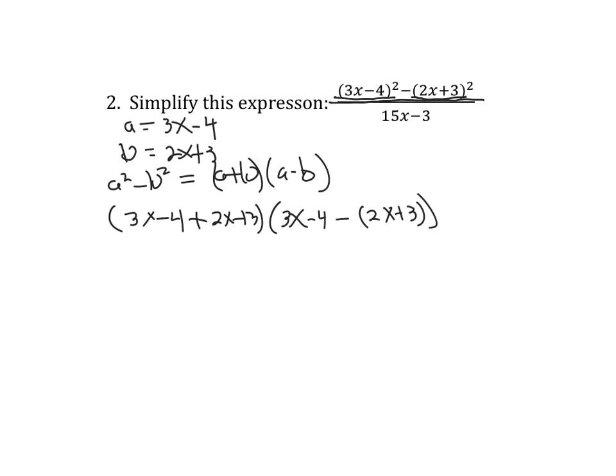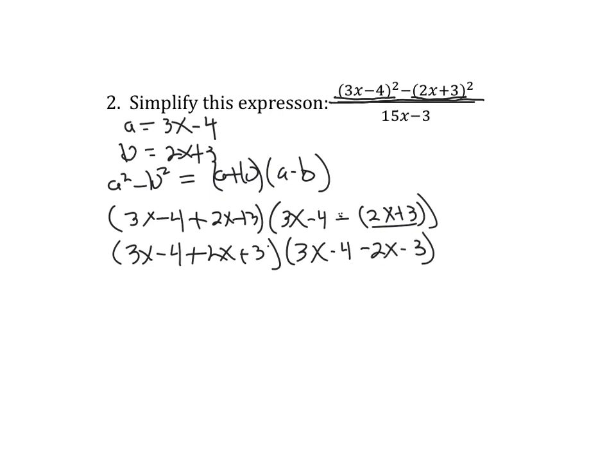And here I need this extra set of parentheses because what I'm actually doing is I'm subtracting this entire expression here, which means I'm basically taking a negative 1 and distributing it, so I end up with 3x minus 4 plus 2x plus 3, excuse me, and that's times 3x minus 4 minus 2x minus 3.